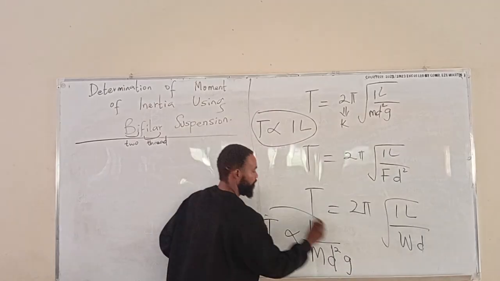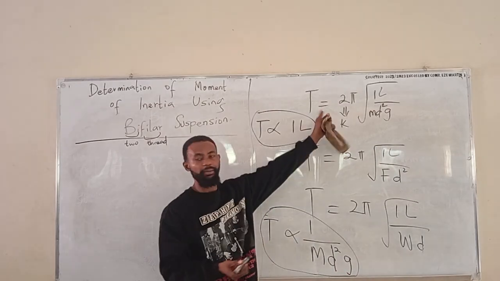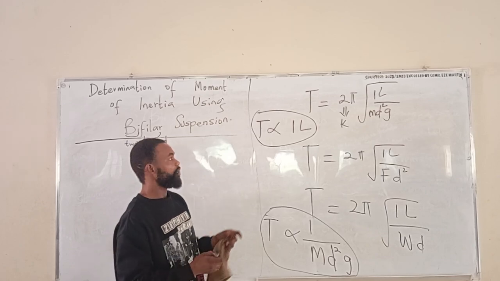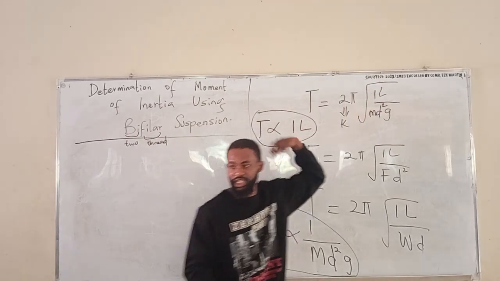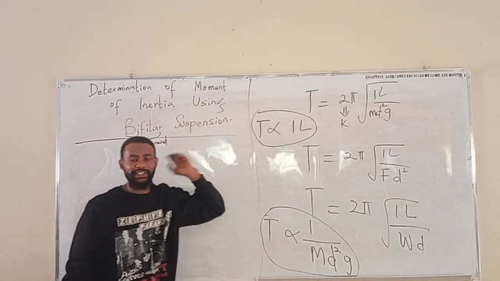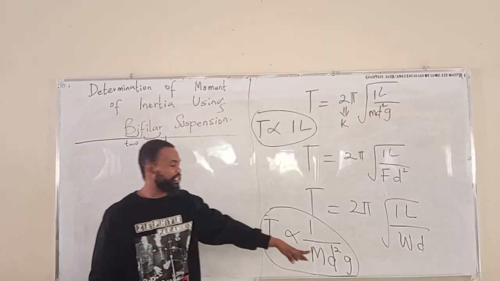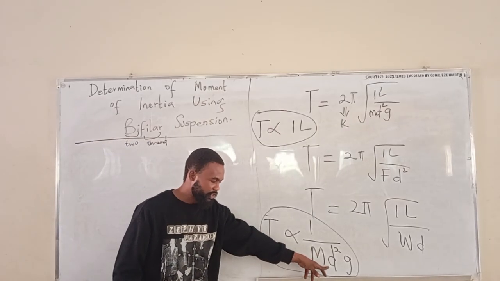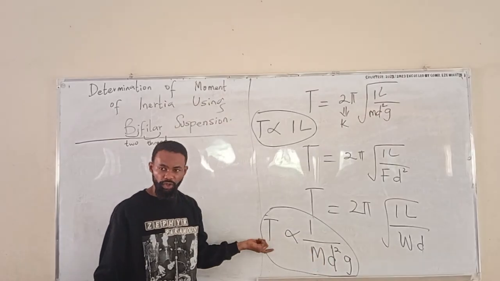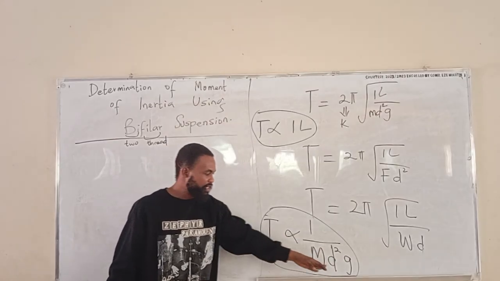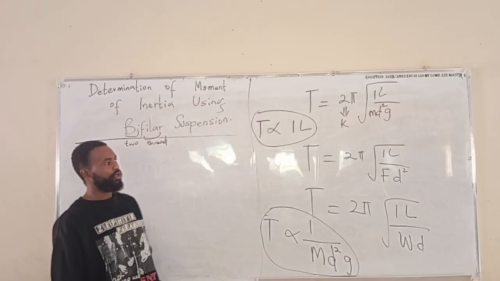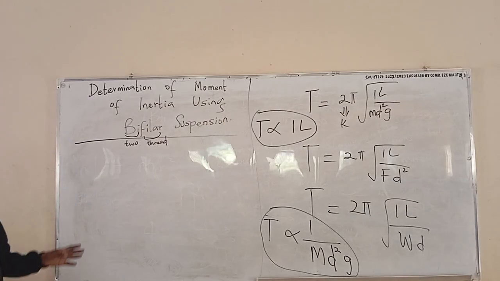Hope you remember. That is what this formula means. You know that we have square roots here, but no need putting it. So it means that as we are finding time, if the distance apart is big, the time will be small. If the time is big, the distance apart will be small. Okay, we've noted this equation.